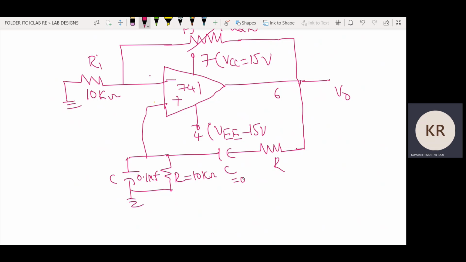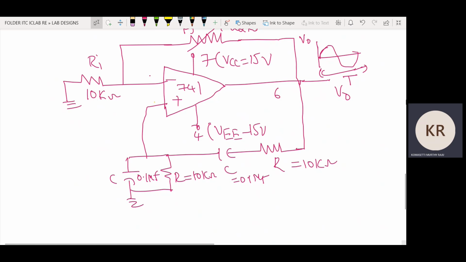By using this circuit, we will generate a sine waveform, the output sine waveform, and find out the time period of the output waveform by using Multisim software.